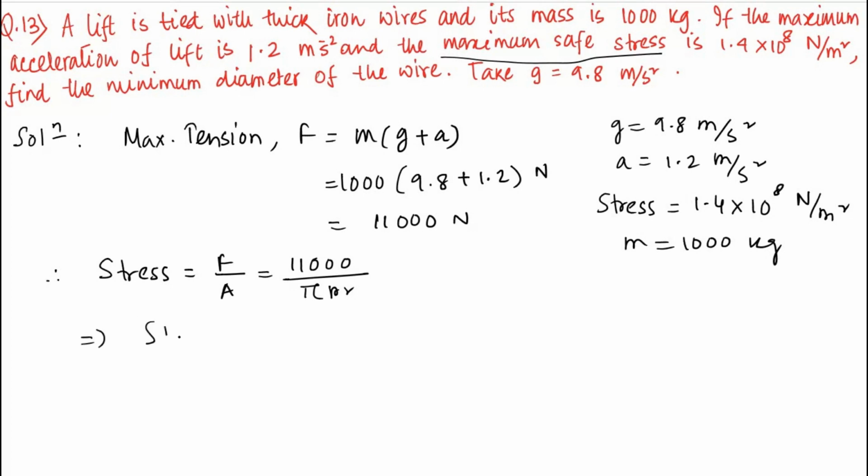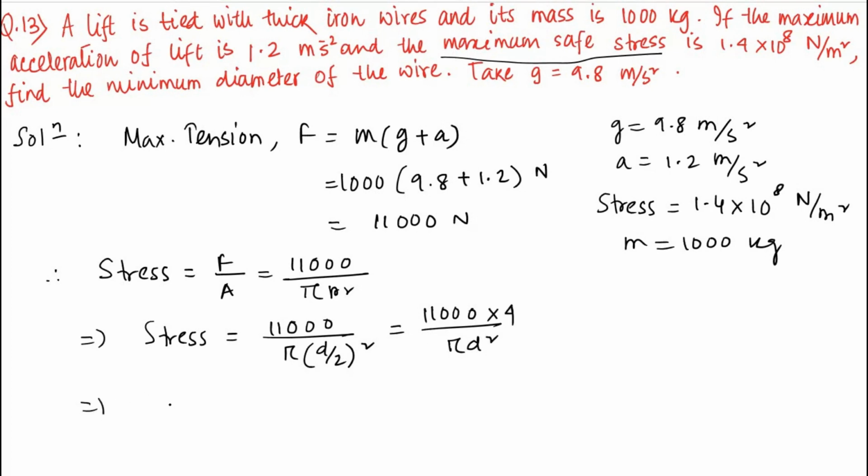So stress is equal to 11,000 divided by pi into (d by 2) square, which is equal to 11,000 divided by pi d square by 4, and then d square is equal to 11,000 into 4 divided by 3.14 into stress.